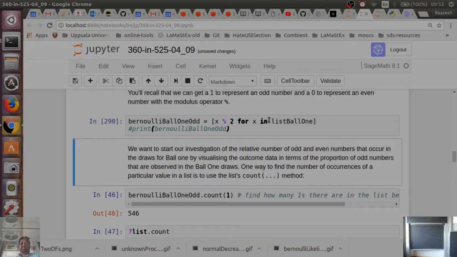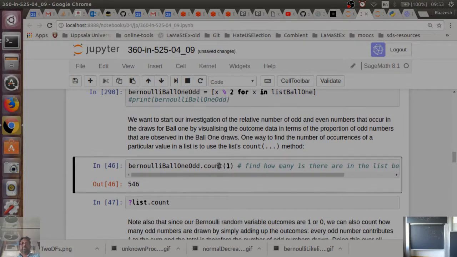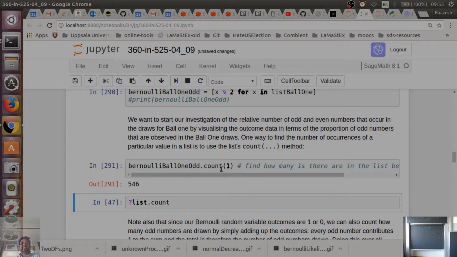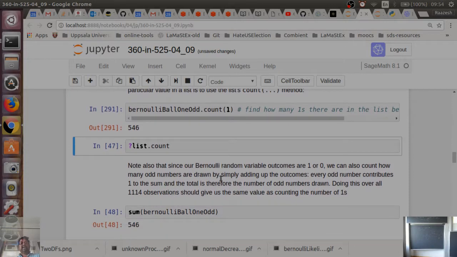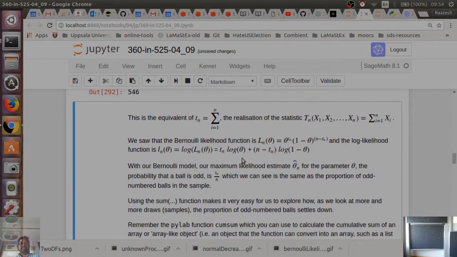So I do this list comprehension, and now I get the Bernoulli 1 odd balls. There's actually 546 of the 1,114 that are odd. We saw this, I can use this count method to find how many there are. So that's already my statistics.